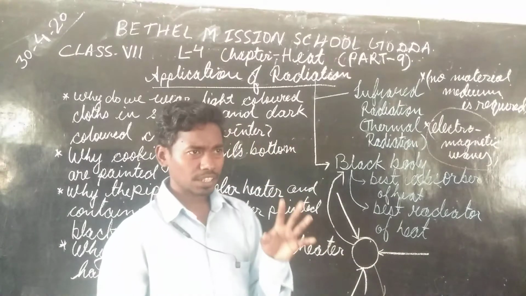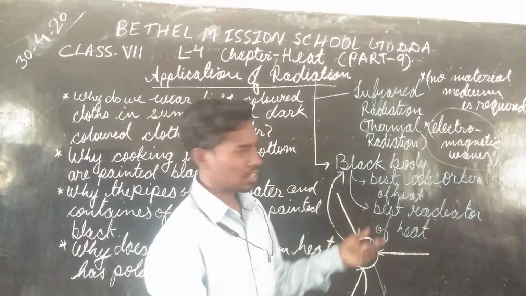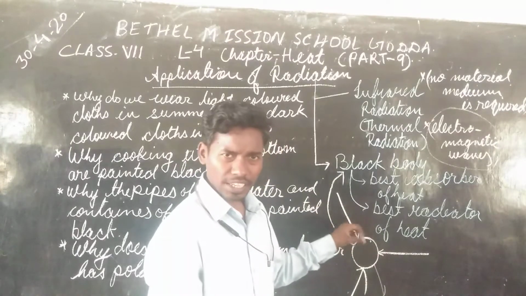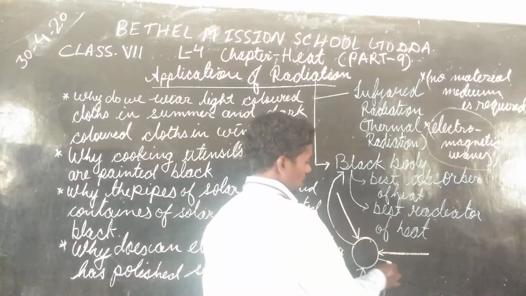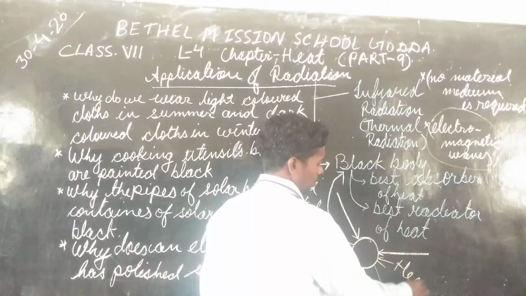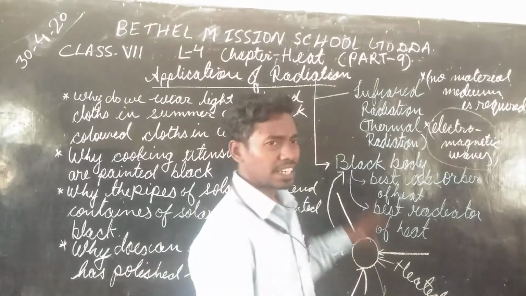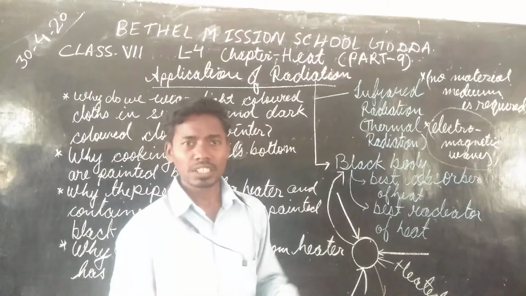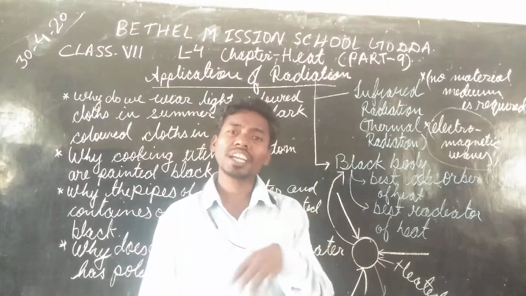Now you understand, if it absorbs any thermal radiation or infrared radiation, it will absorb that heat energy, and when it absorbs heat energy, it will become heated. Since it gets heated easily, it will also radiate easily.